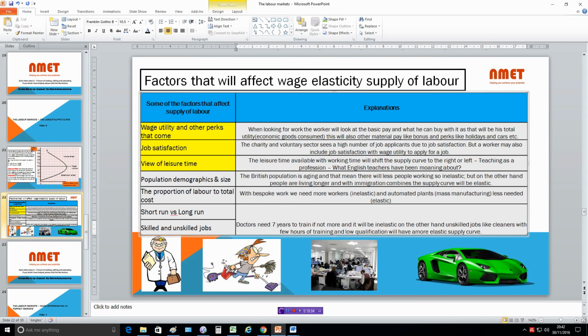With doctors, even in the short run, it will be inelastic. Why? Because they need 7 years to train, and then there's the qualification as well, more skilled. Doctors need 7 years to train, and that's the skill there.